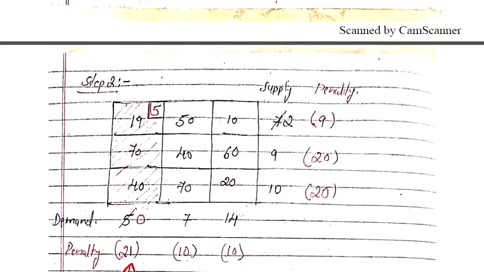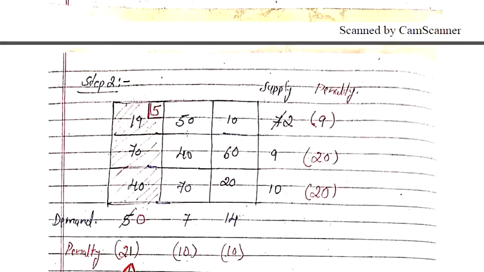So I have got the penalties as 9, 20 and 20 in the rows. Let us look into the columns. Here, the first column 19, 70 and 40, out of this the minimum cost is 19, and the very next cost nearer to that is 40, so 40 minus 19 is my penalty, that is 21. I am writing the penalty over here, 21 is a penalty. Next column, it is 50, 40 and 70.